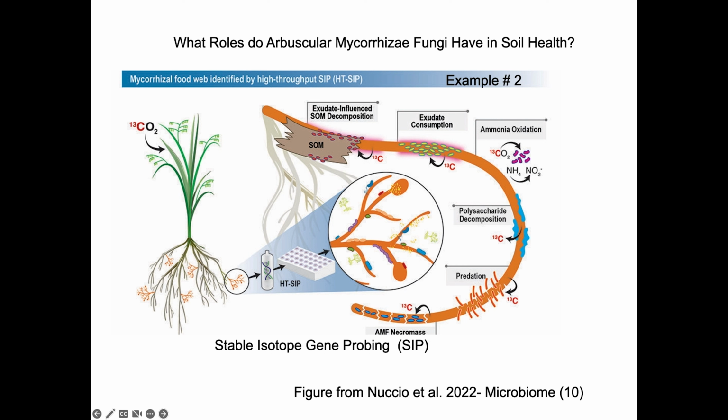We have decomposition, we have predation of other organisms, and then we have what's called the AMF necromass. So fungi die and the mycelium dies in the same way that everything dies, and it gets recycled. So one of the contributions of mycorrhizal fungi and roots are like anything, they give off a wide variety of carbon types around that root system. And it's this short-circuiting of all this carbon that allows the plant to continue to grow.